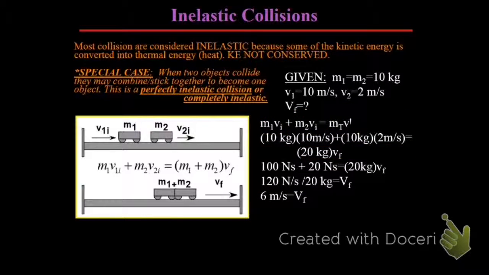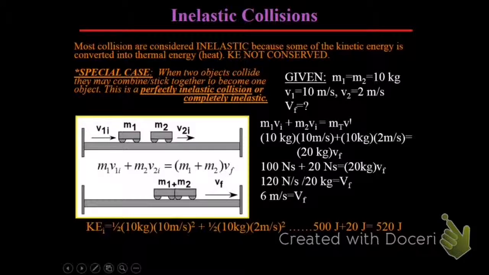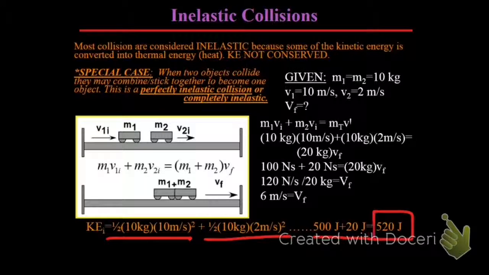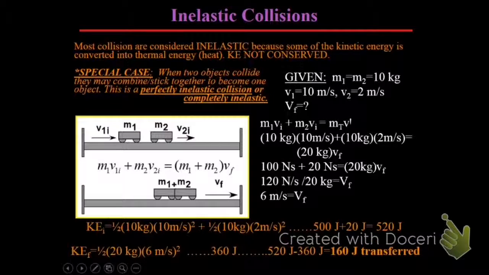Now, we can actually show that the kinetic energy is not conserved. So now we can calculate the kinetic energy before the collision. 1/2 mass times velocity squared plus 1/2 mass times velocity squared. We can figure out that the sum of the kinetic energy of each of these cars is 520 joules. Then after the collision, they've got 20 kilograms of mass now, but notice their speed is that new speed that we just calculated, right?